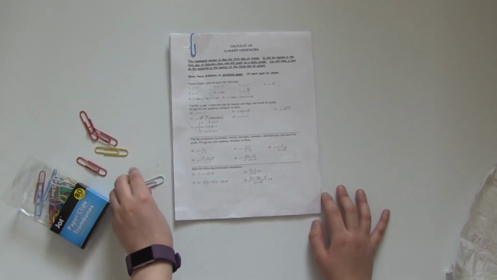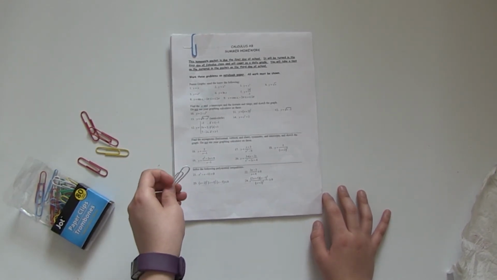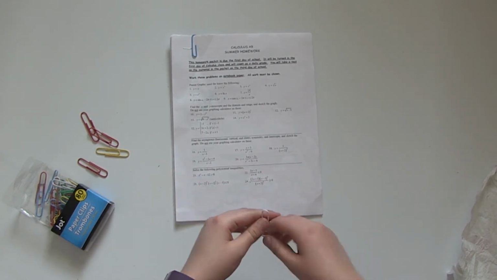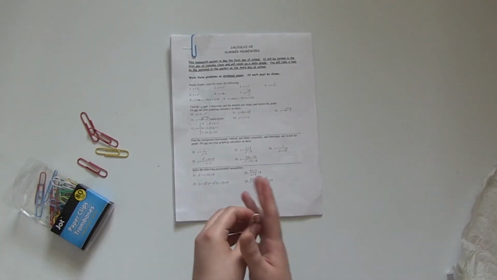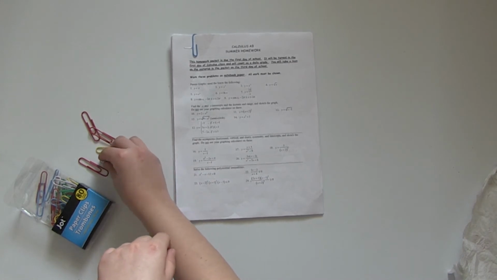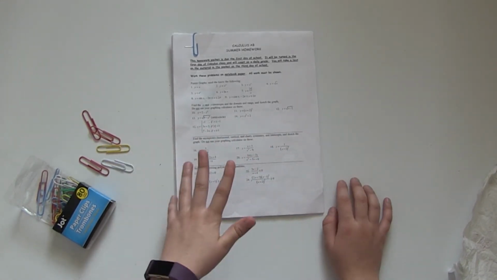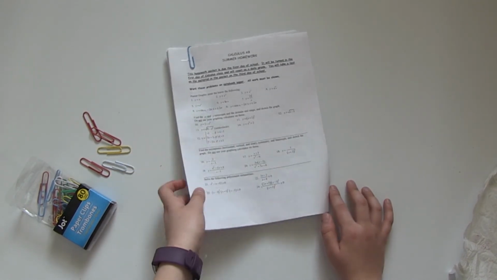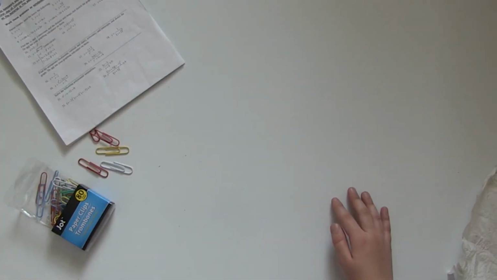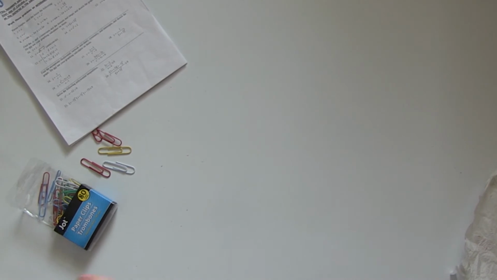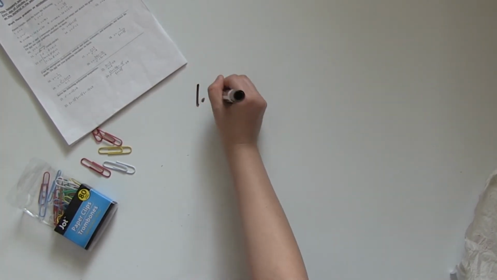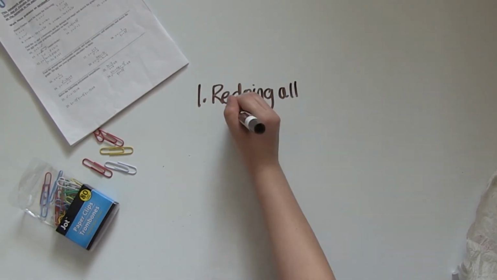I use the white paper clip to go back and see which one I made a mistake on and redo that problem or that homework as a whole. Now, he hasn't given us any quizzes yet, so I don't have anything to show you, but I would absolutely redo all the quizzes. So, a first step to studying for a math test is redoing all the quizzes.